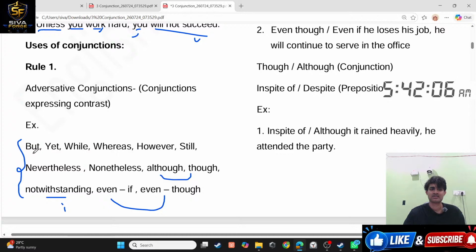Whereas, but is also used in contrasting, but we have to remember where is but used and where is at used. Both are used in reason only.